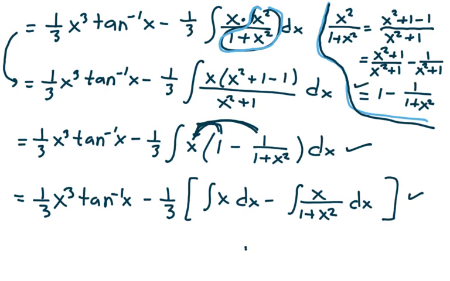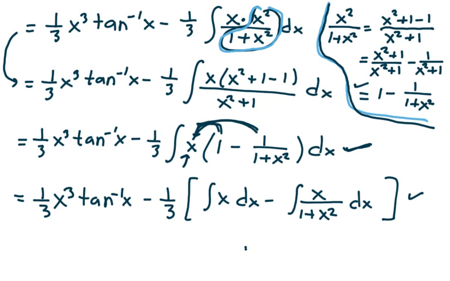But this is equal to 1 minus 1 over 1 plus x squared. And so if we go down here, we get 1/3 x cubed arctangent x minus 1/3 the integral of x, right here, multiplied by 1 minus 1 over 1 plus x squared dx.